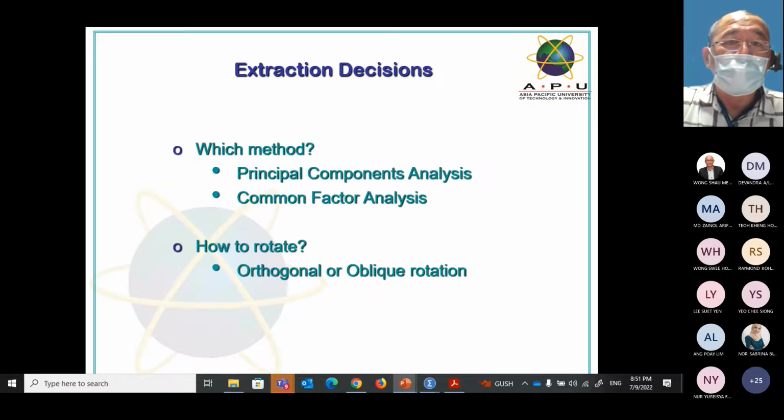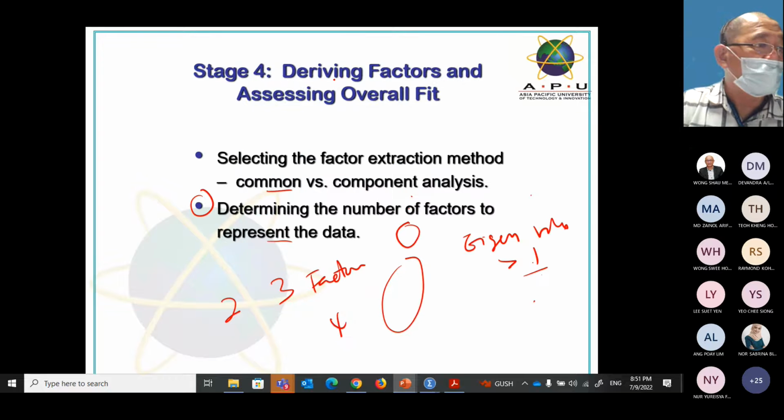As I mentioned just now, these two are actually not much different: the principal component analysis and the common factor analysis. Still, you can see a little bit here. Common means the common dimension or the common variance, that is factor analysis. Component analysis means PCA, principal component analysis.